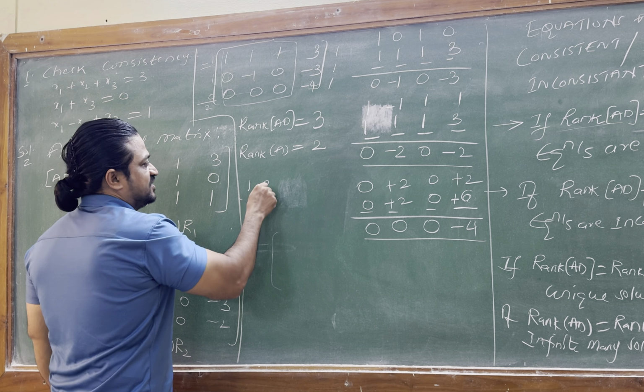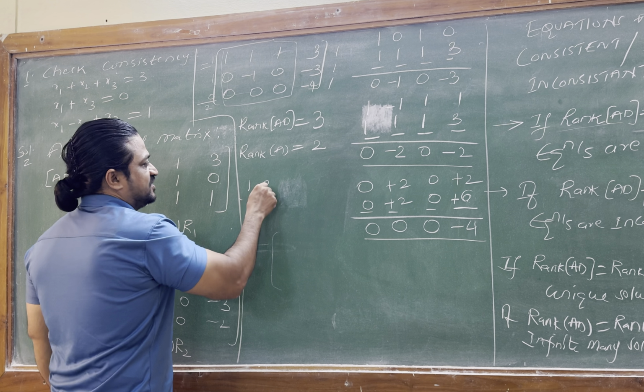AD equals 1 1 1 6, 2 3 2 14, 15. Which rows will we select? R2 and R3. One more time we will write R2, R3. Then we will write R1. Then we will take minus sign. Then we will take selection.